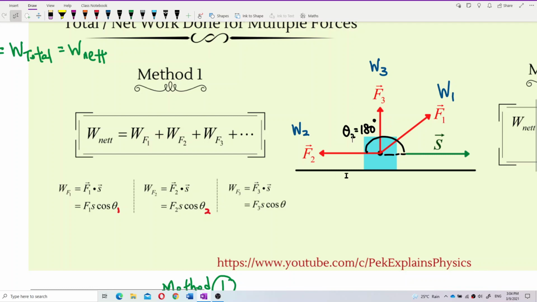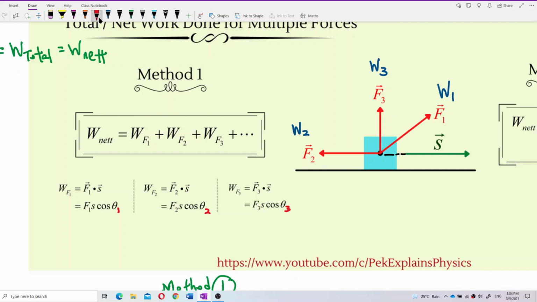How about F3? Work done F3 is F3 dot displacement, so F3 displacement cos theta 3. Where is theta 3?